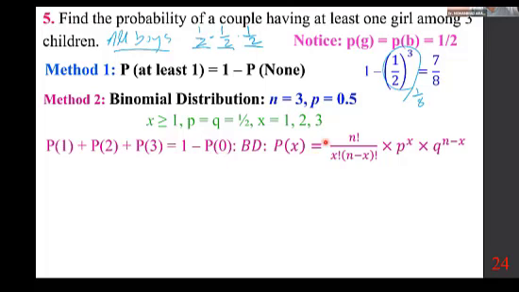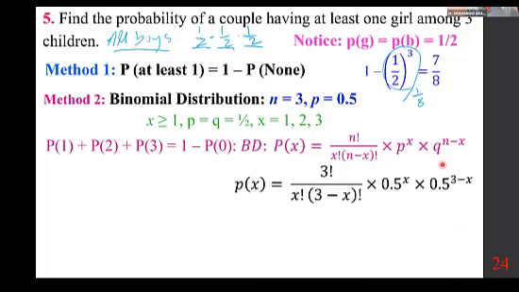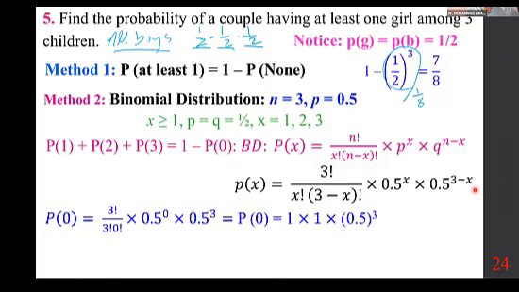And here's the binomial distribution. We are going to replace the n with number 3, p with 0.5, also q with 0.5. Needless to say, this actually becomes 0.5 to the third. And so when we go through the process and replace the x now with 0, I hope you realize that 0 factorial is 1.